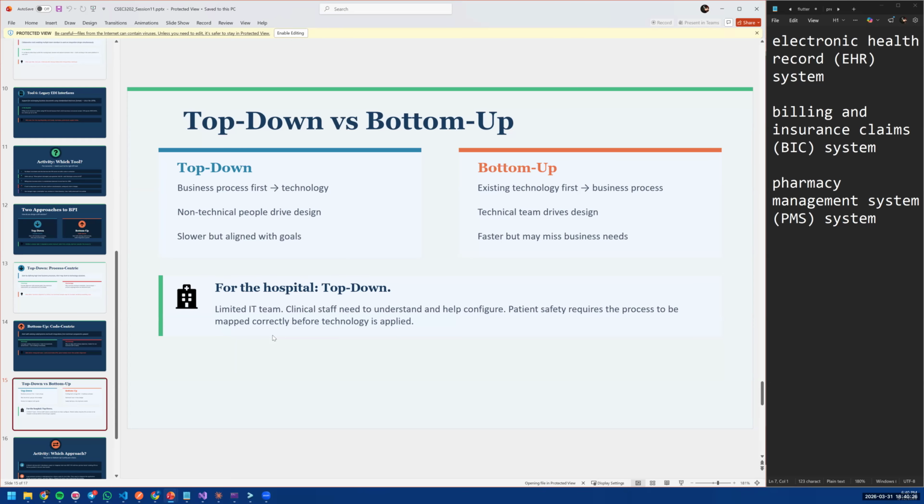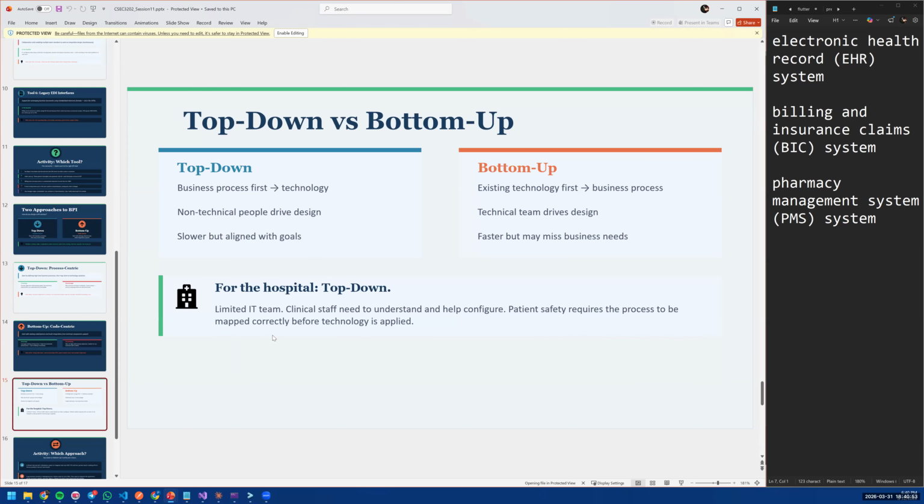So for a hospital with limited IT staff and complex clinical workflows, the top-down approach makes more sense. You'd want the doctors and the nurses to be driving the process design in this case, because they're the ones that are going to be using it, with the IT team implementing the technology to support the design. So that would be a process-centric integration approach.